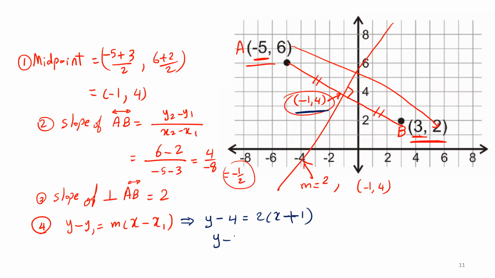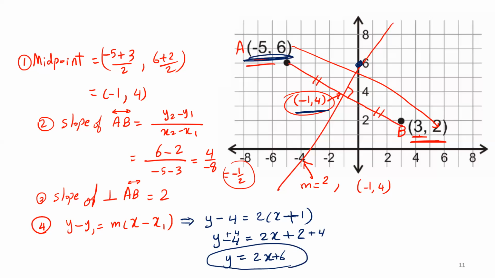So y minus 4 equals 2x plus 2, and by adding 4 to each side, you get y equals 2x plus 6. The line passes through 6 here, something like that. So this is the equation of the perpendicular bisector of the line segment joining the two points (-5, 6) and (3, 2).